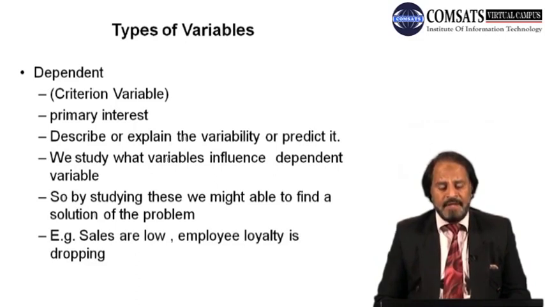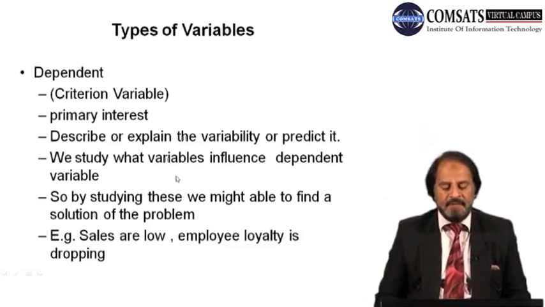And since we are saying dependent variable, this is the variable which is being influenced by different factors, and we want to explain what kind of changes it will have based on the different factors which influence it. In other words, because sales is our concerned area, or sales is the criterion variable, we want to know what kind of factors influence it, and in this case, sales becomes your dependent variable.